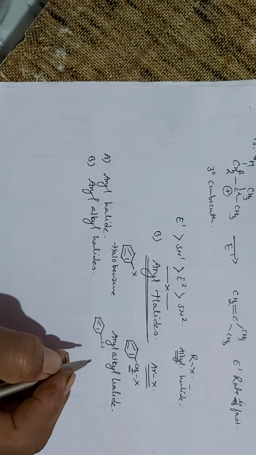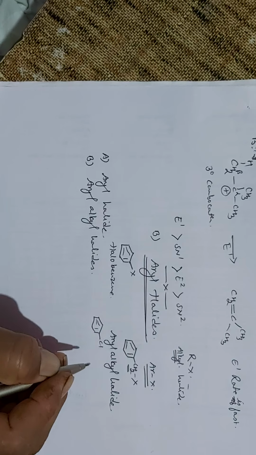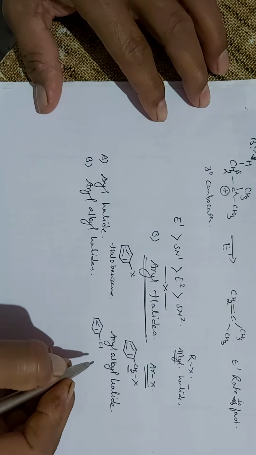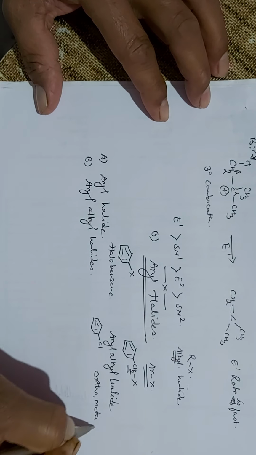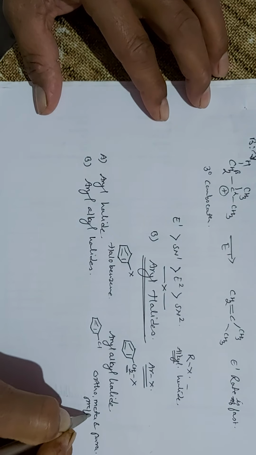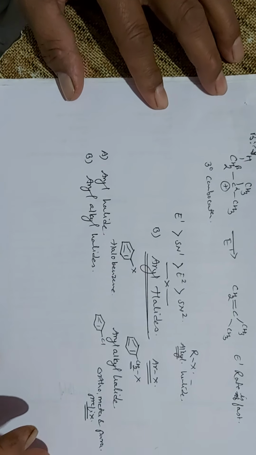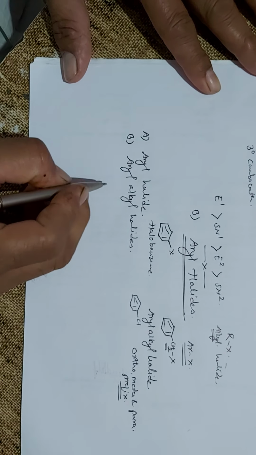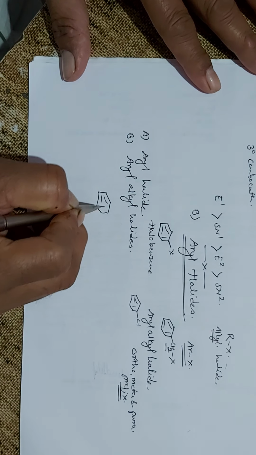So when di-substitution is present in an aromatic ring, the prefixes like ortho, meta, and para are used to indicate the di-substituted benzenes.